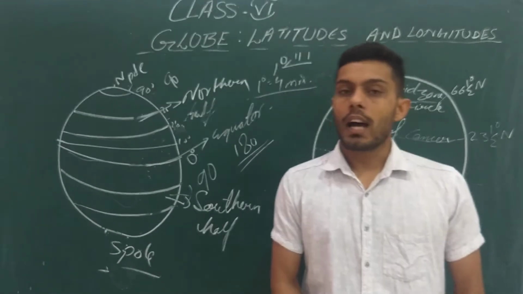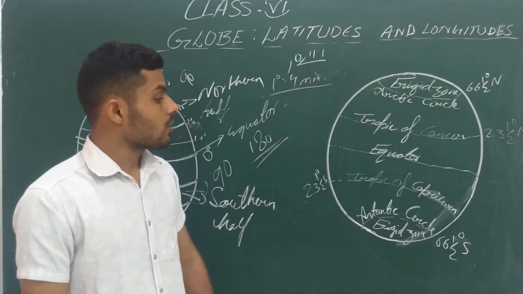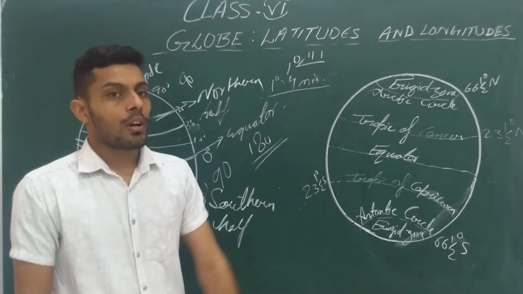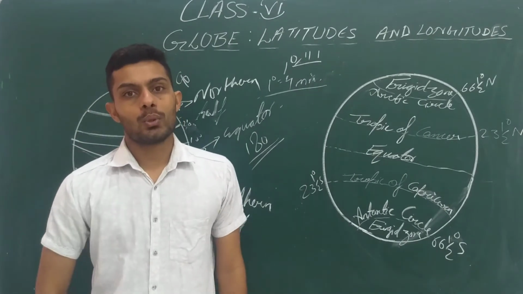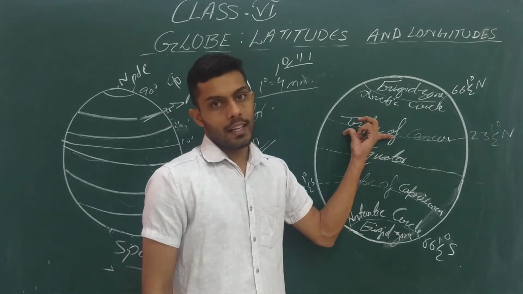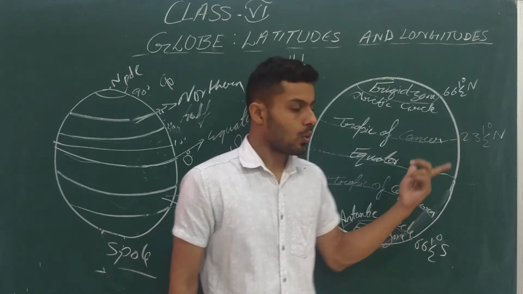Before that, we are going to study some parallels of latitude. There are 4 major parallels of latitude. Which are those? One is the Tropic of Cancer, which has a value of 23.5 degrees north.